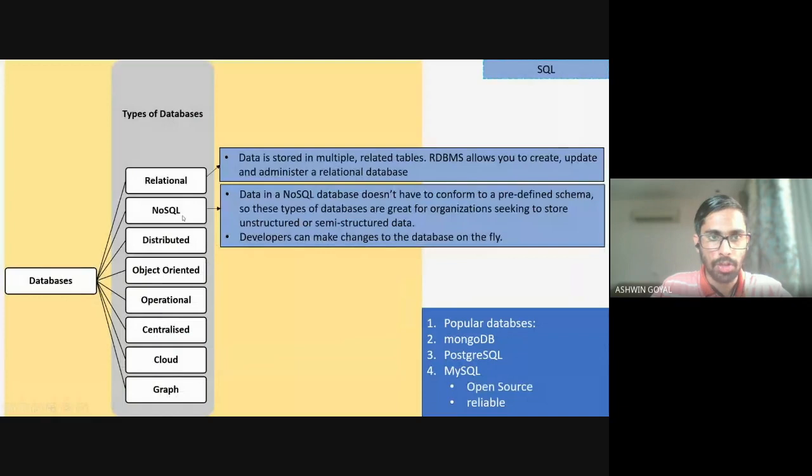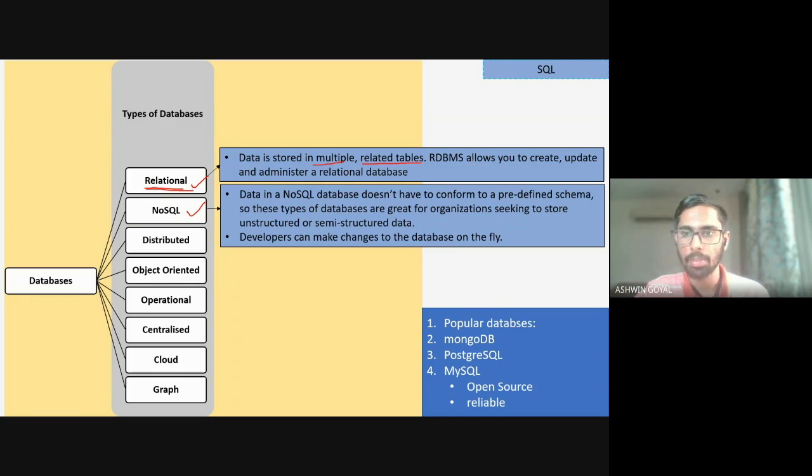There are various types of databases: relational, NoSQL, distributed, object-oriented. But we'll just focus on relational and NoSQL databases. Mostly we use relational, which is the most common. Here data is stored in multiple related tables, just like Excel.